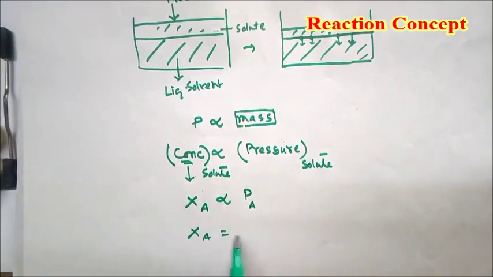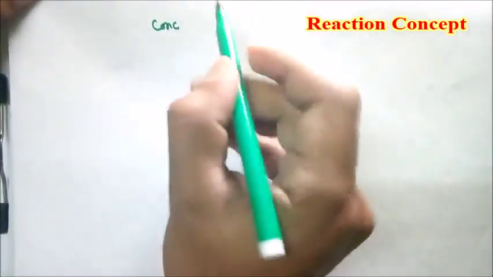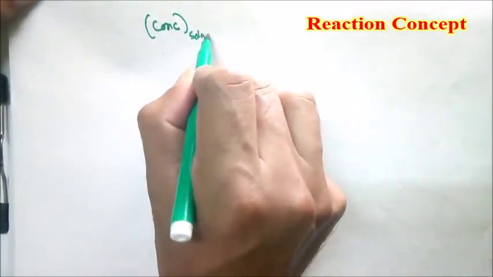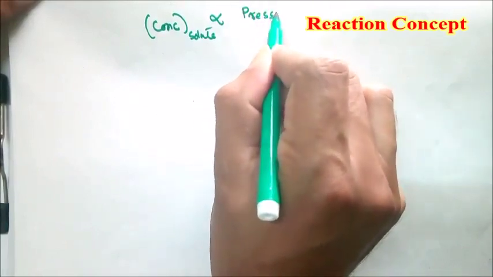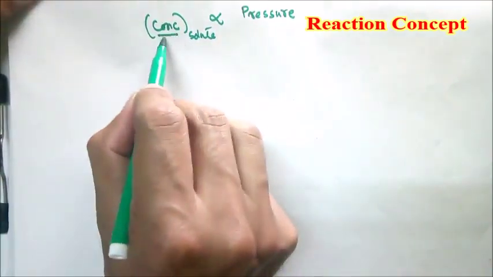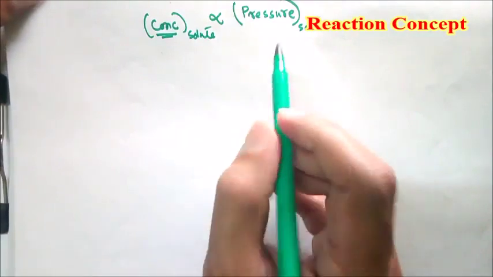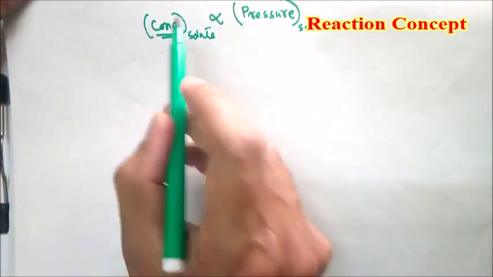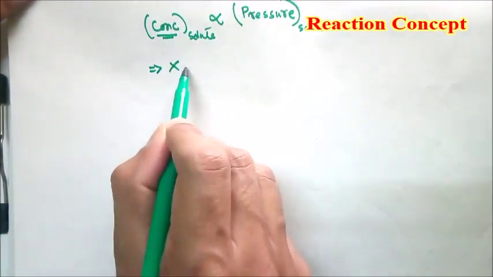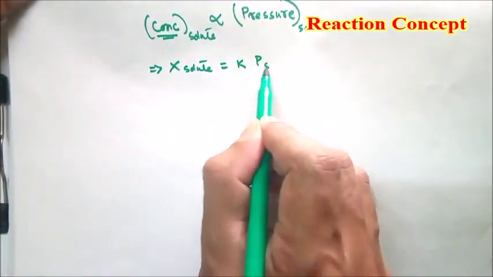This you can write as K. In case of a solution where you have the solute in the gaseous phase and the solvent in the liquid phase, this concentration can be written as mole fraction of the solute, which is K into pressure of the solute.